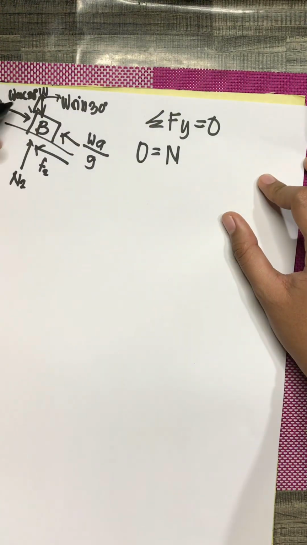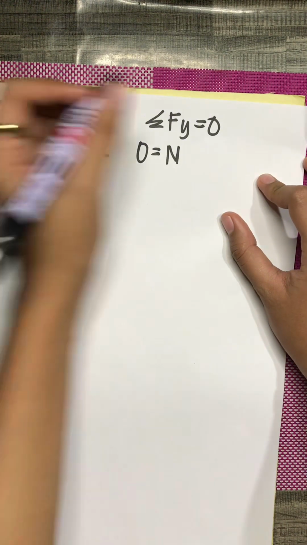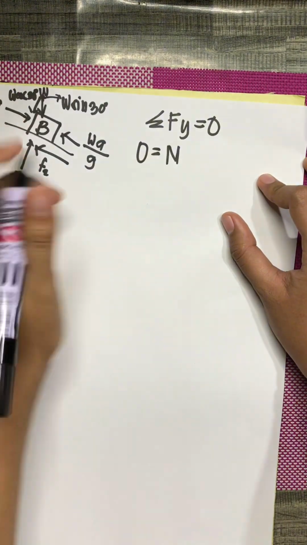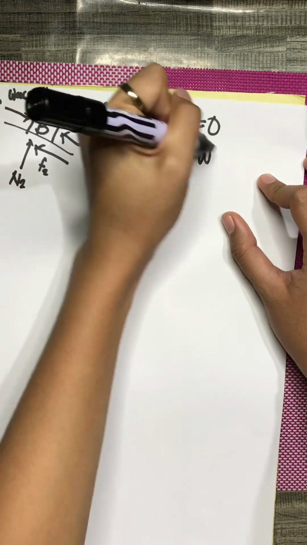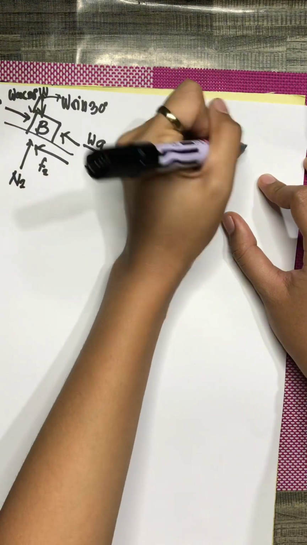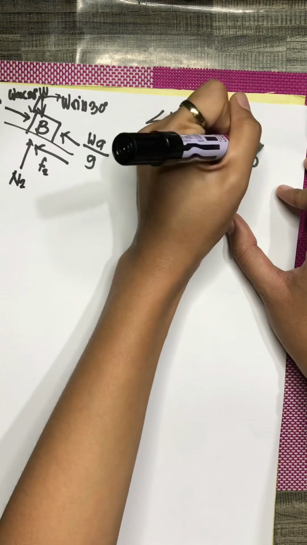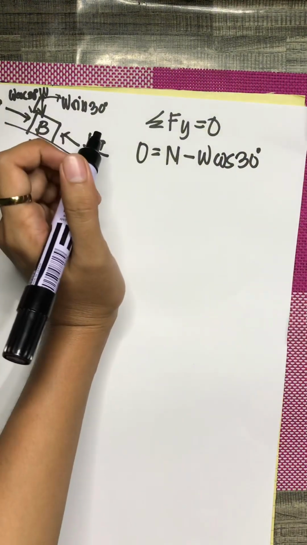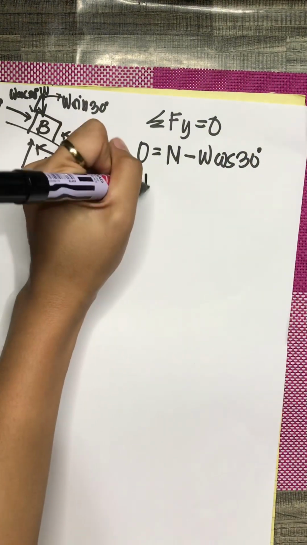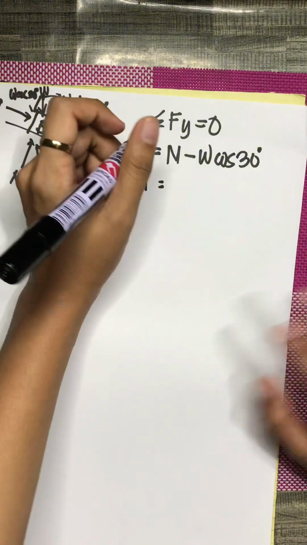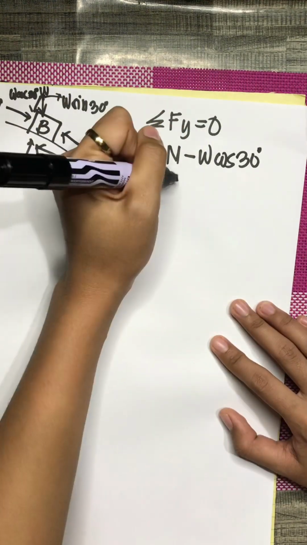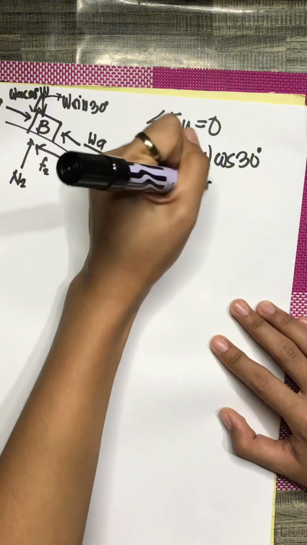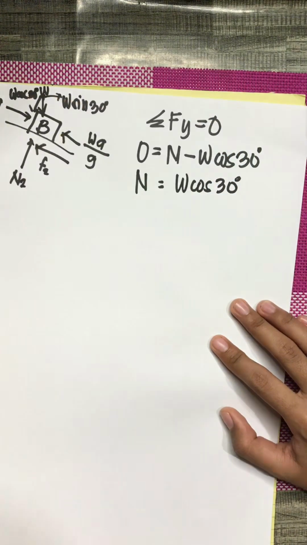Then the y component of weight is negative because it's going down, W cosine of 30 degrees. Then N equals W cosine of 30 degrees.